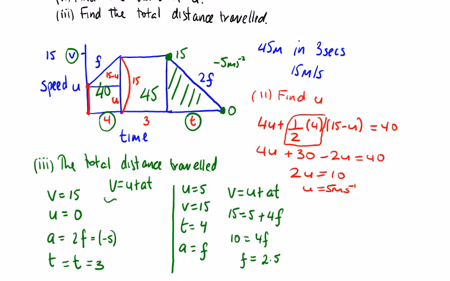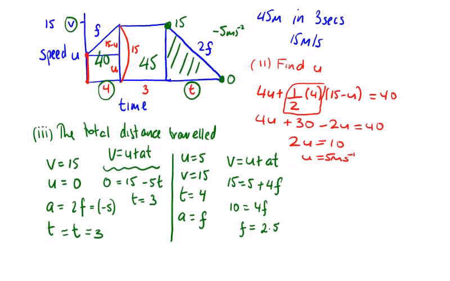That's 3, but we've already seen that. But if we want to just fill that in to be doubly sure, 15 is equal to 0 minus 5t. So you can see that I have the 0 and the 15 in the wrong place. My v is 0 and my u is 15. So we can see there that's where the t is equal to 3 is coming from.